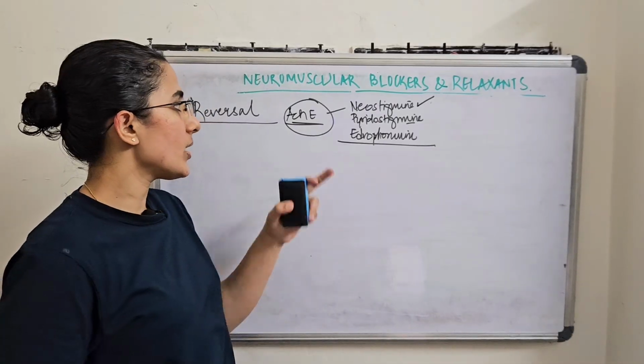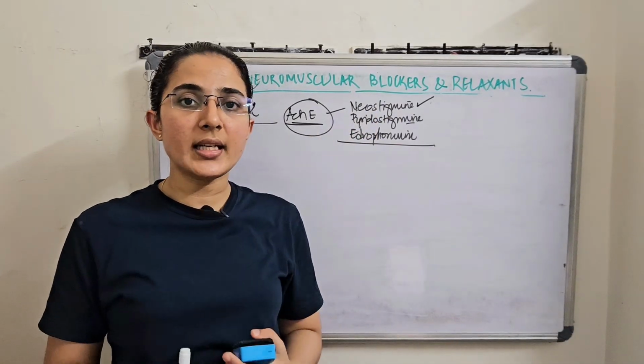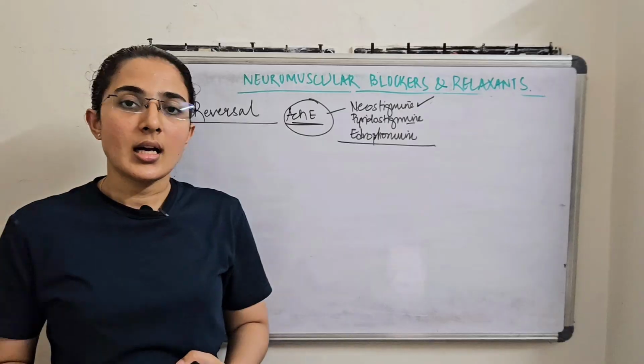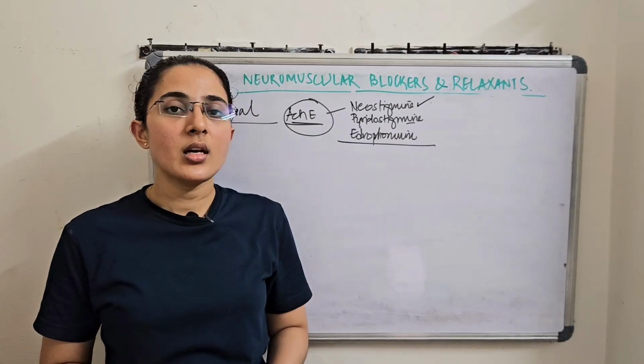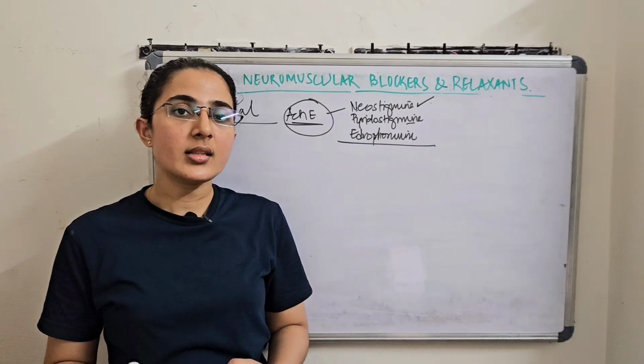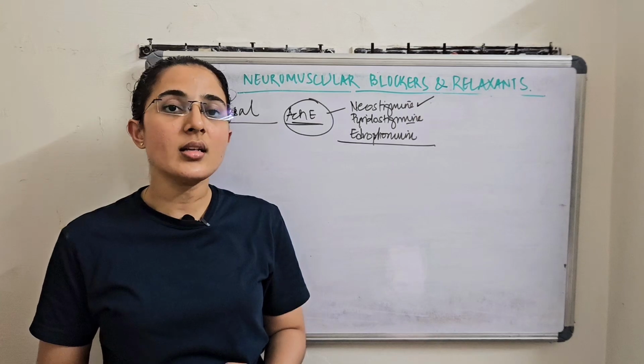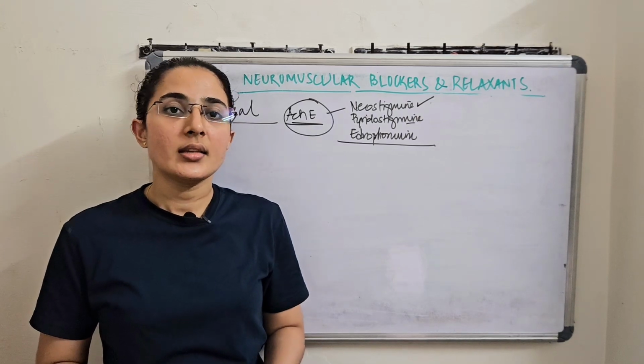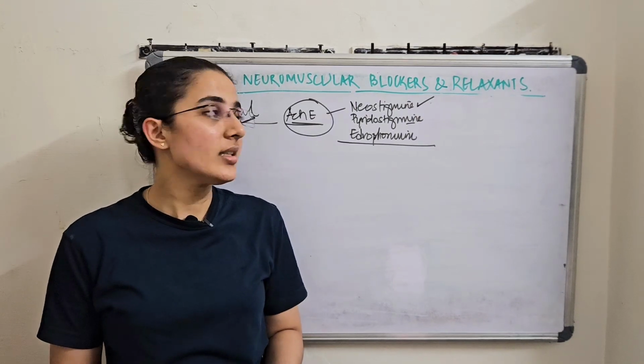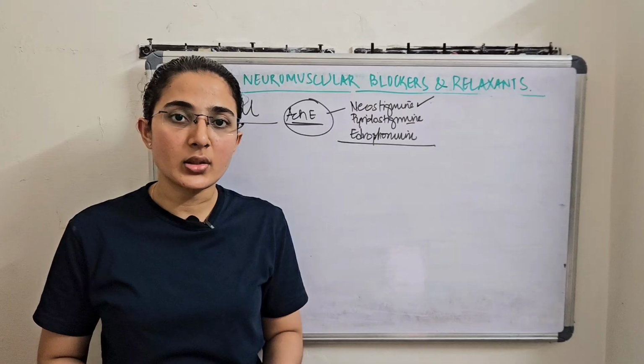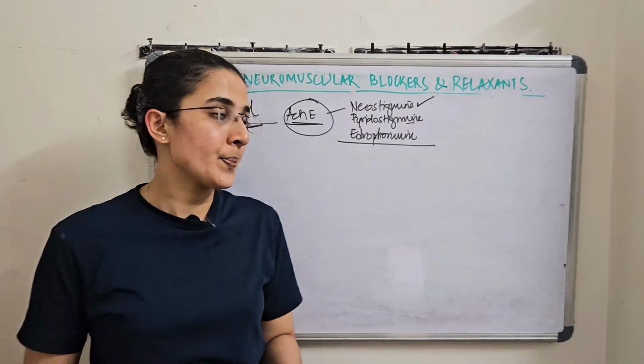Neostigmine, we know, is often used in our everyday practice along with glycopyrrolate. Why? Because neostigmine also stimulates the muscarinic receptors. Therefore, it's very important that we prevent side effects of it, like bradycardia.